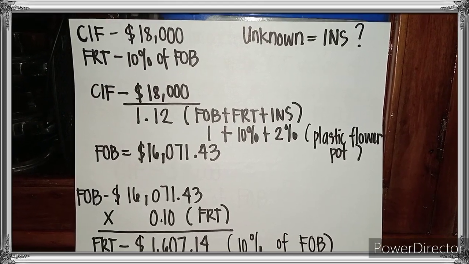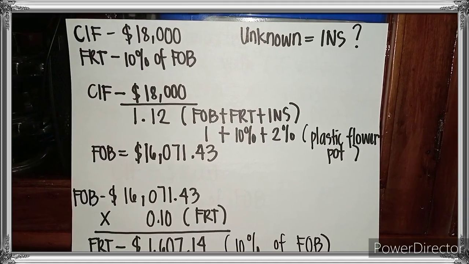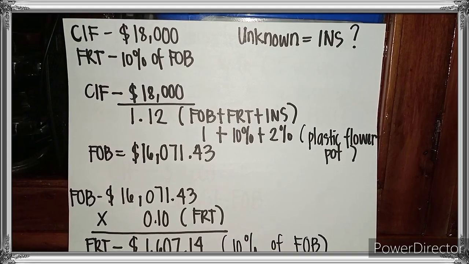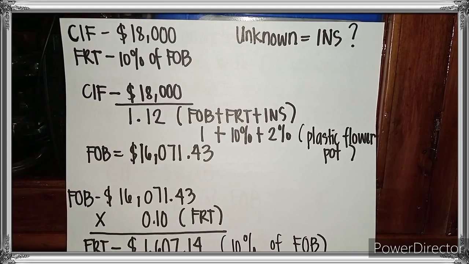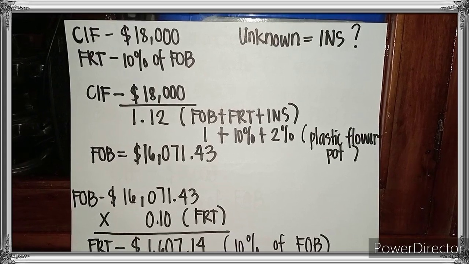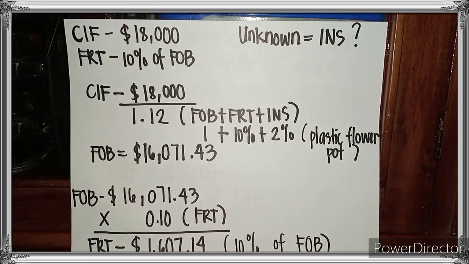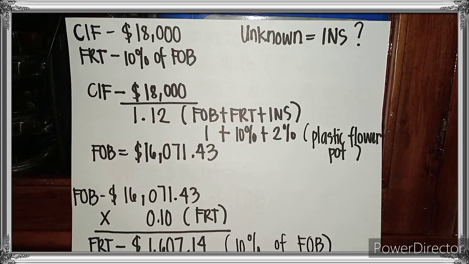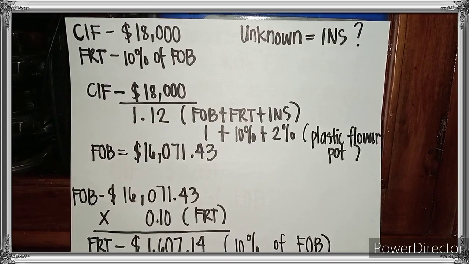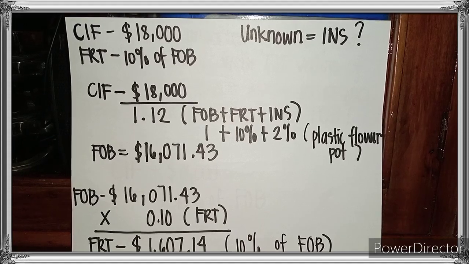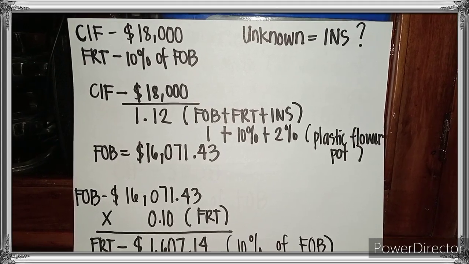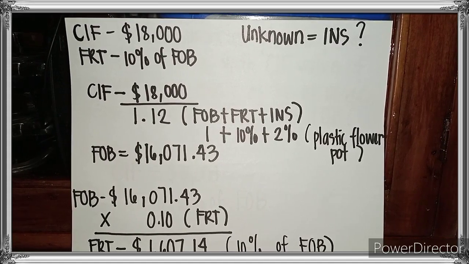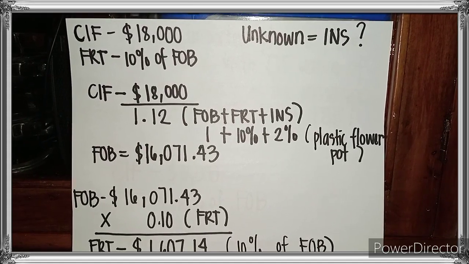So what we have here is CIF of $18,000 and a freight of 10% of FOB. Upon saying a CIF value of $18,000, we will need to divide it by 1.12, indicating 1 there as a whole number for the FOB, 10% there is the freight, and the 2% is the insurance.